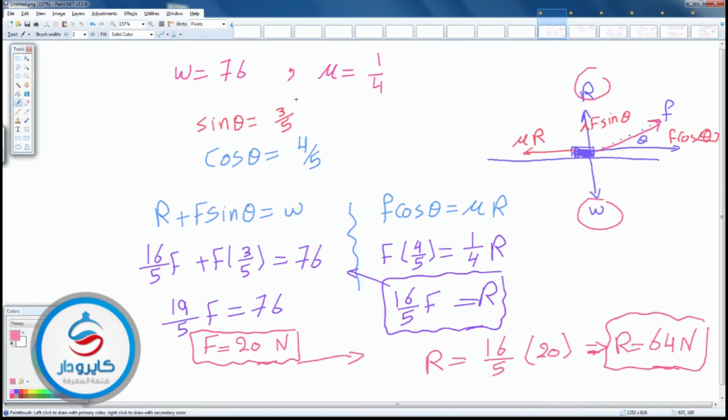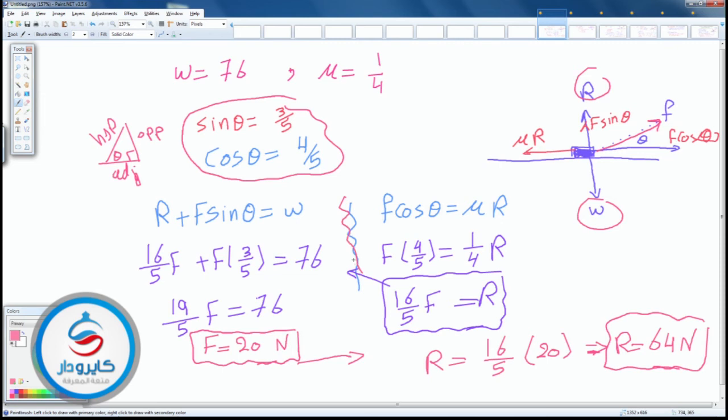So we use this 3/5 to get the value of cosine by using the right angle triangle. This is theta and this is the right angle. This is the opposite and this is the hypotenuse, and this is the adjacent. Then we get sine and cosine.